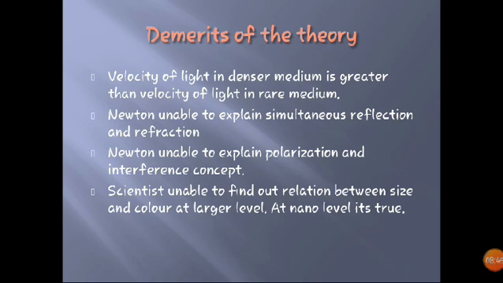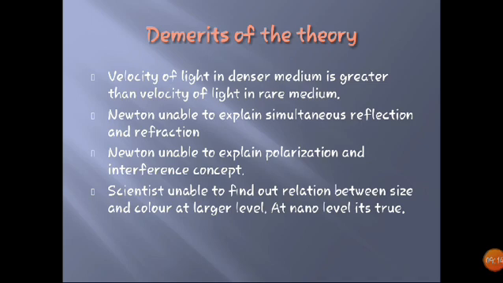And in a rarer medium there are very few particles, so that any particle can move easily. So the velocity of light in a denser medium should be less than in a rarer medium, but Newton said exactly the opposite. So this is the first demerit of this theory.